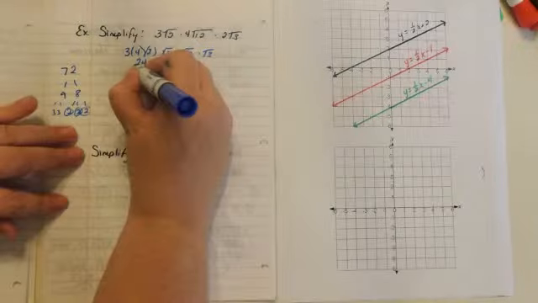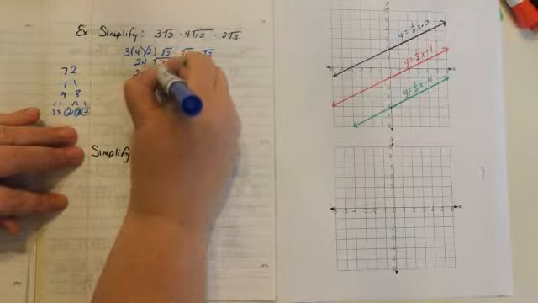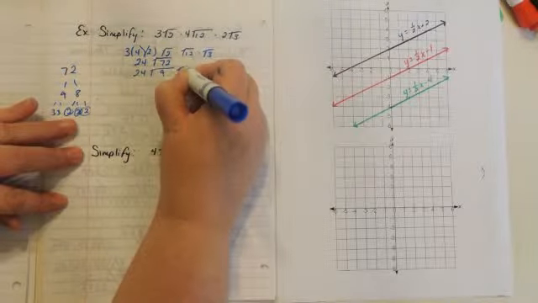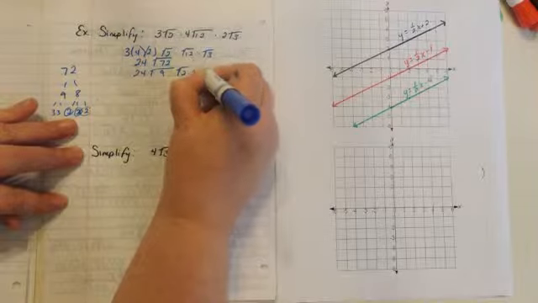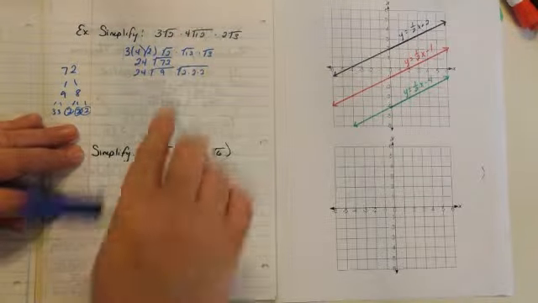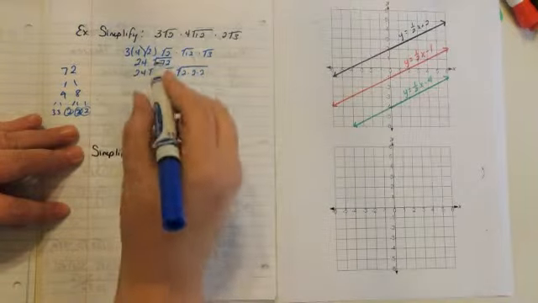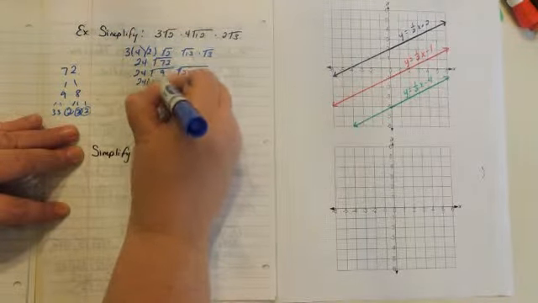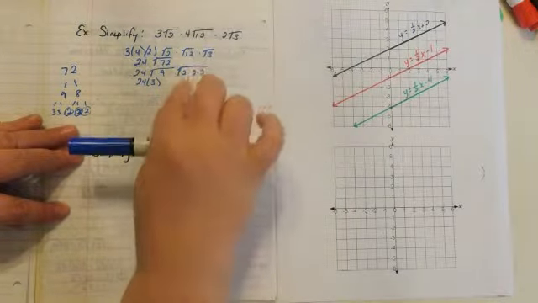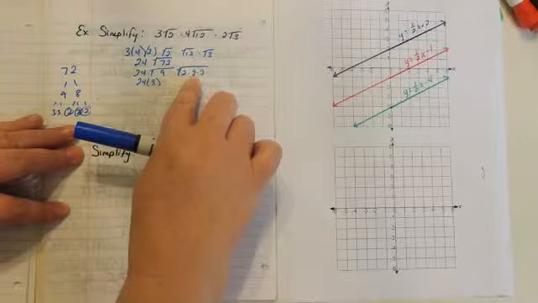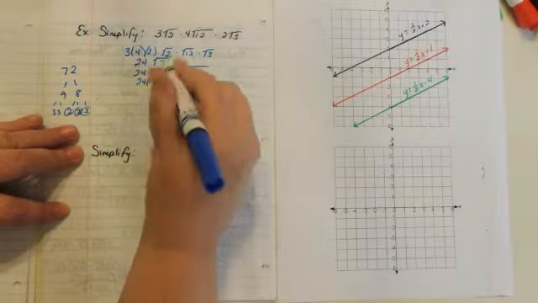So we can say that 24 is the square root of 9 times the square root of 2 times 2 times 2. Okay? Because that's 8. The square root of 9 is 3, so now we have 24 times 3. 2 times 2 is 4, and the square root of 4 is 2.